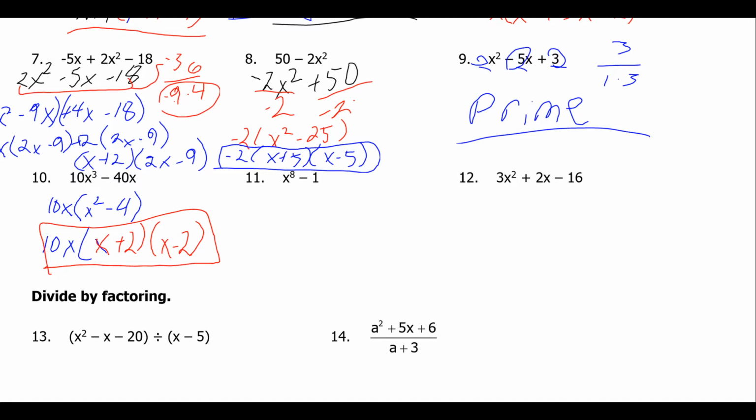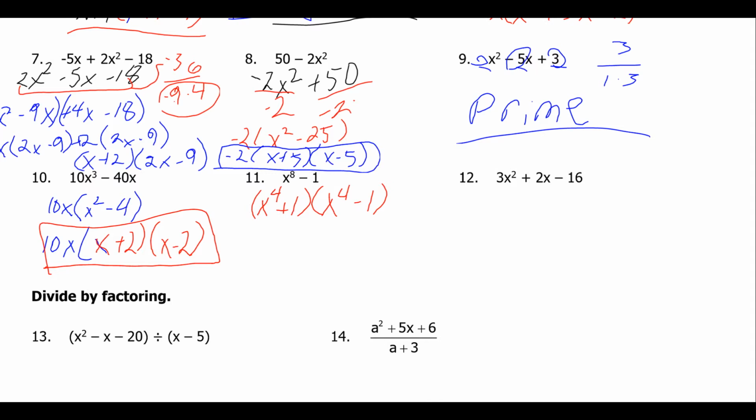Alright, now, number 11. Okay, let's see. Standard form, yes. Greatest common factor, no. Is there, let's see, is it a perfect square trinomial, or a difference of 2 squares? Yes. So the way this is going to break apart is it's going to be x to the 4th plus 1, x to the 4th minus 1.